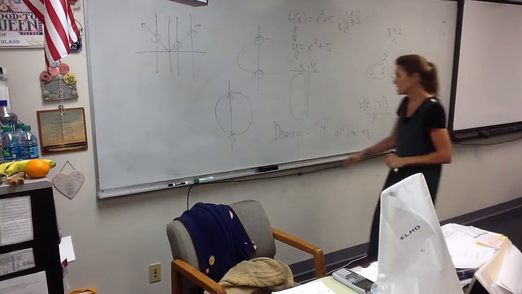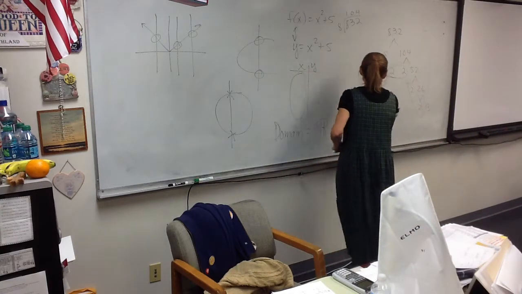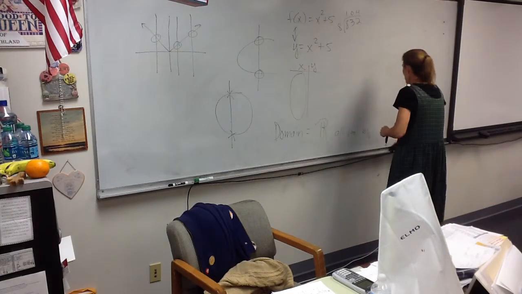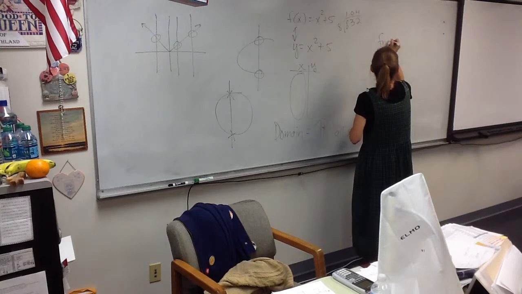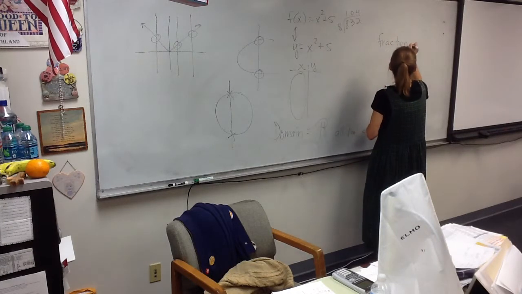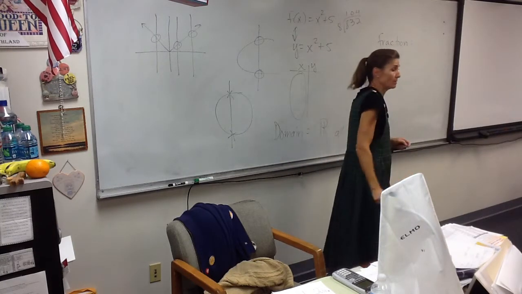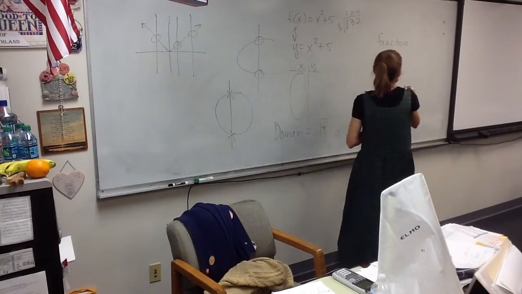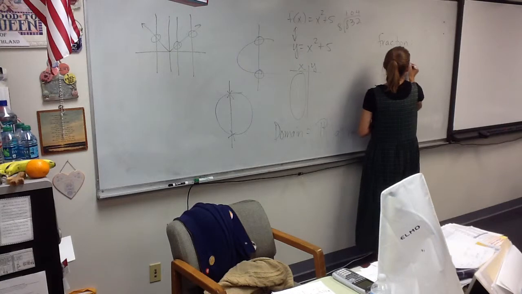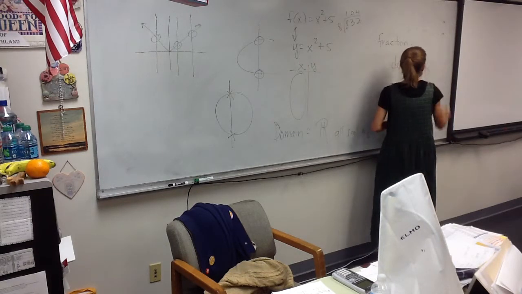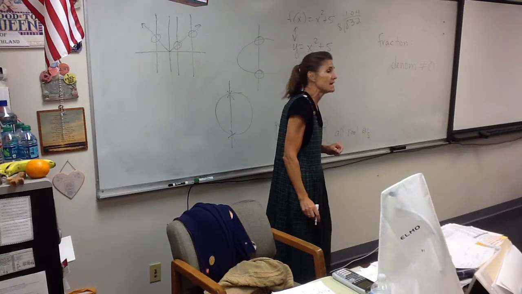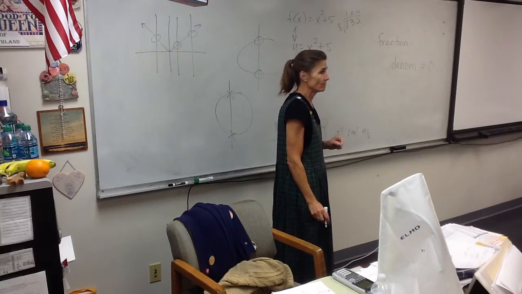The two things that mess up domain are fractions and radicals. So if you have a fraction in your problem, you're going to have an issue. And the issue is because the denominator cannot equal 0, ever. In a fraction, the denominator can never equal 0.